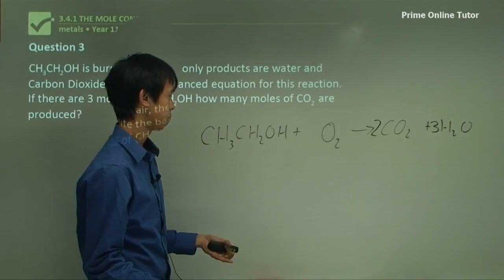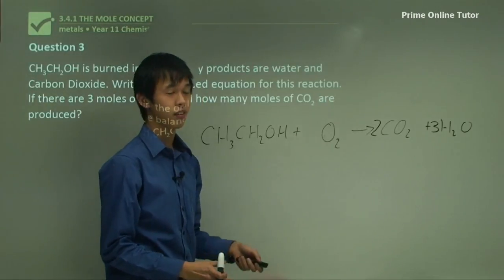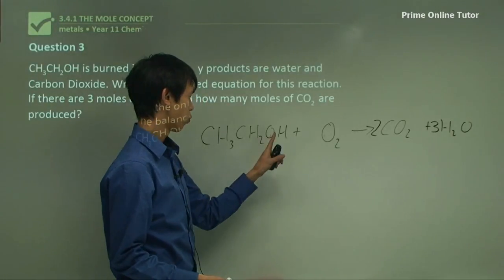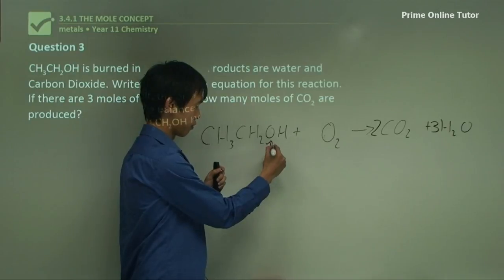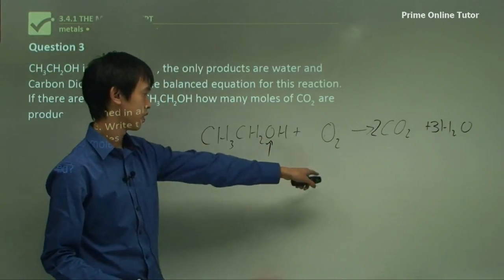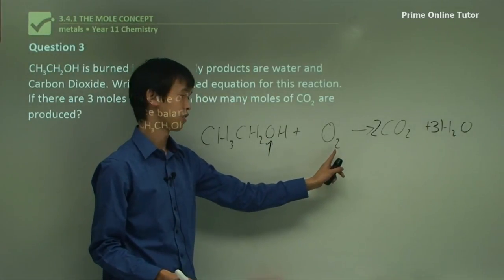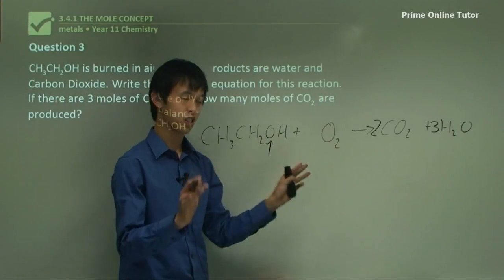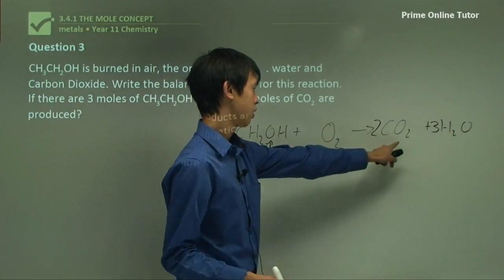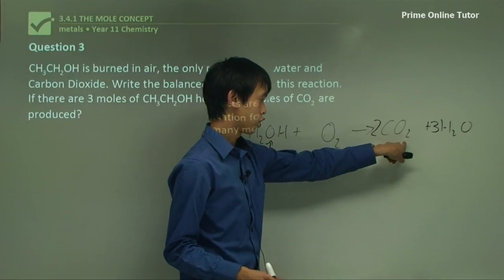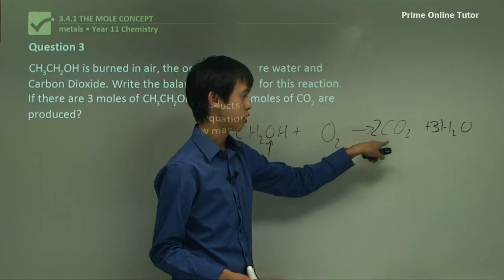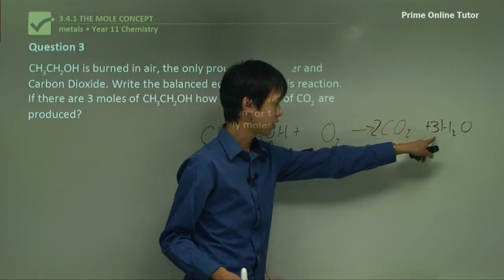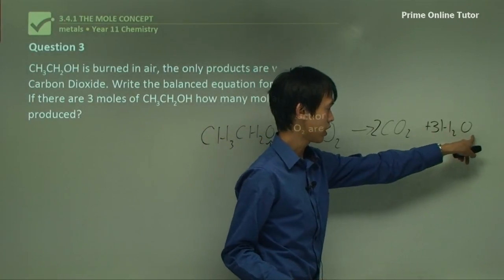So we're okay. And lastly, we have oxygen. So we have 1 here. Don't forget this one, because a lot of people forget this one. So there's 1 here, and then there's 2 here. So 1, 2, 3. There's 3 on the left-hand side. So 2 oxygens here times 2 is 4, plus 3 times 1, which is 3.